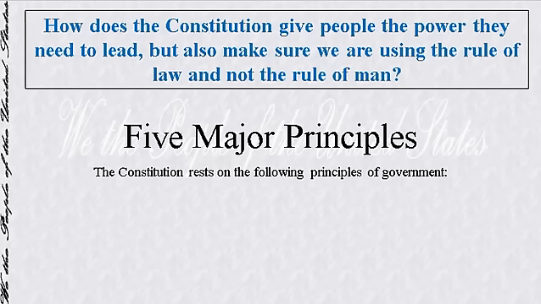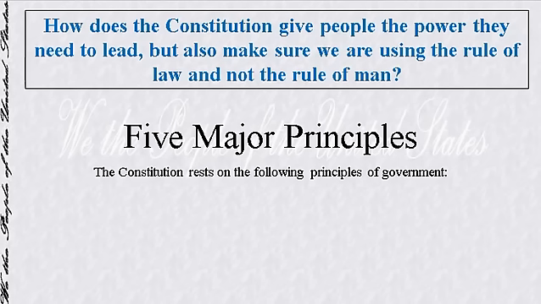So how does the Constitution give people the power they need to lead, meaning the government, but also make sure we are using the rule of law and not the rule of man? Remember, in some previous lessons, we looked at how people have decided that yes, we need government because people need a little bit of guidance and need to be protected and put in the right direction sometimes.